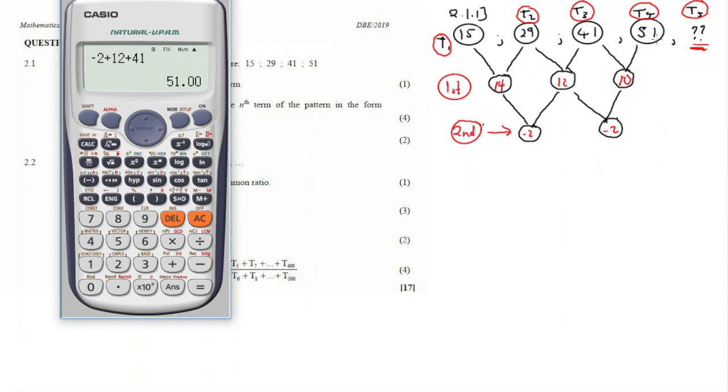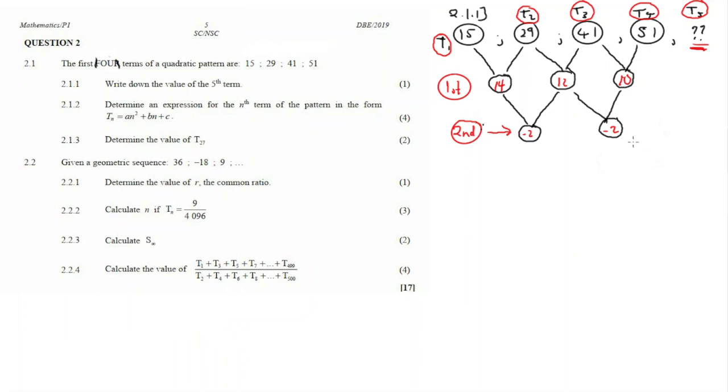So it works. So in order to find T5, negative 2 plus 10 plus 51 gives us 59. So that means T5 is actually 59.